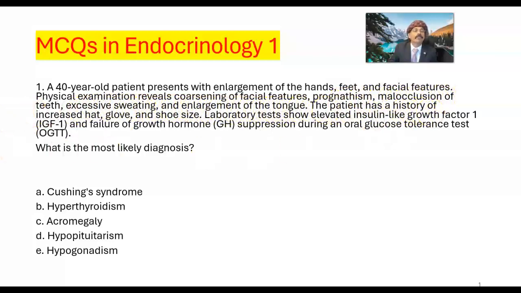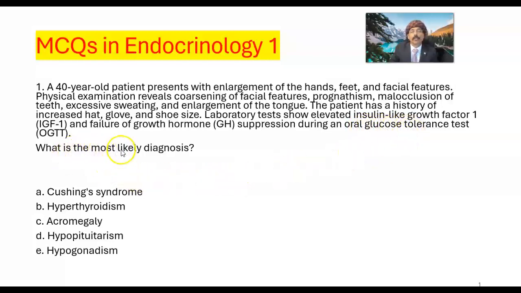The patient has a history of increased hat, glove, and shoe size. Laboratory tests show elevated insulin-like growth factor 1 and failure of growth hormone suppression during an oral glucose tolerance test.